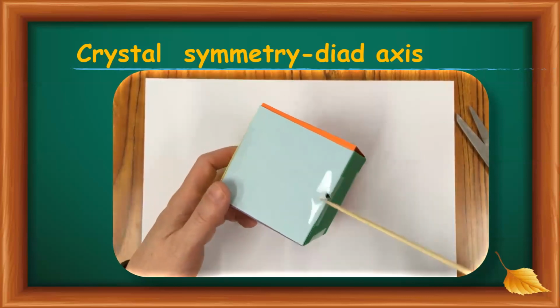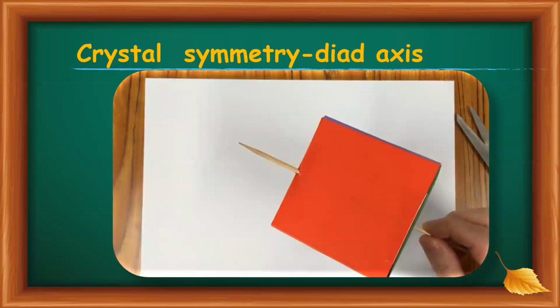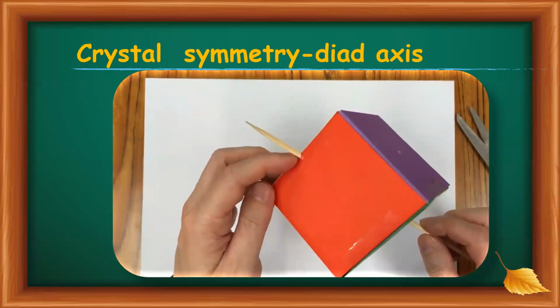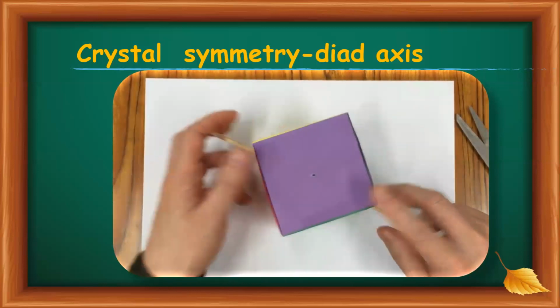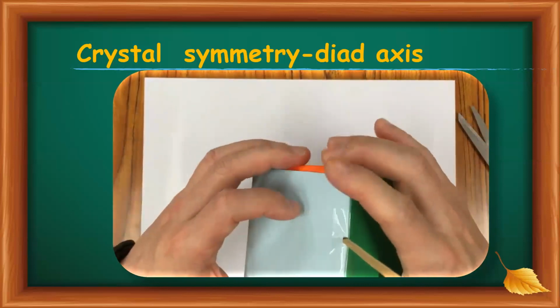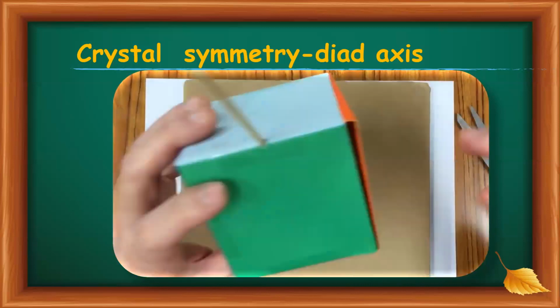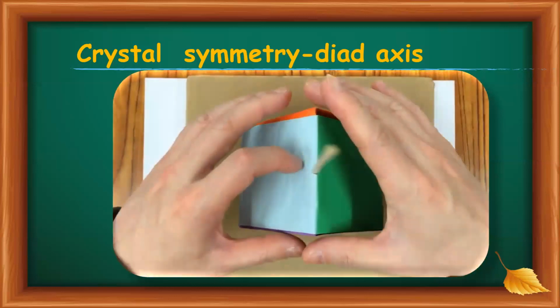Here this edge, and it passes through the opposite diagonal edge, and now we can mark the shape.